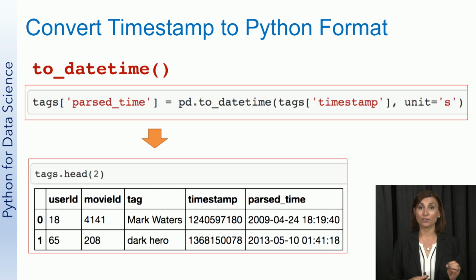The unit argument is most important here, as it tells the function what the unit of the input is. In this example, the input column is timestamp from the data frame called tags, and the unit of the input is declared to be seconds. The output is stored in a new column that is named parsed time.